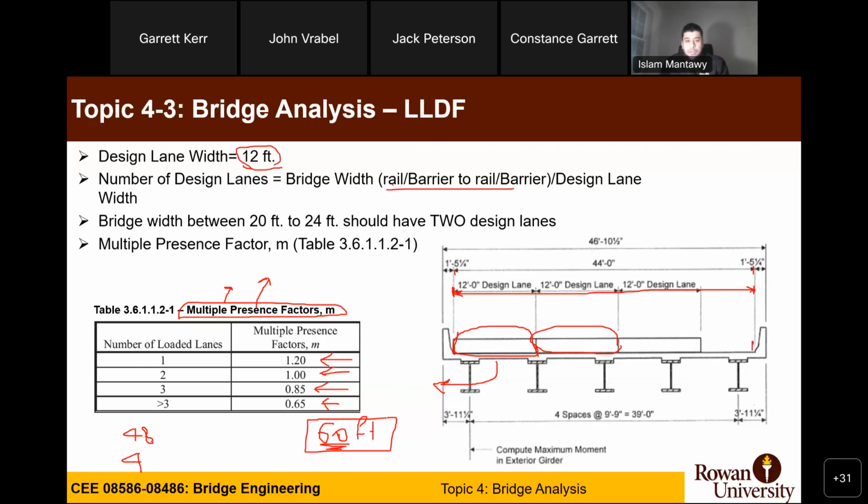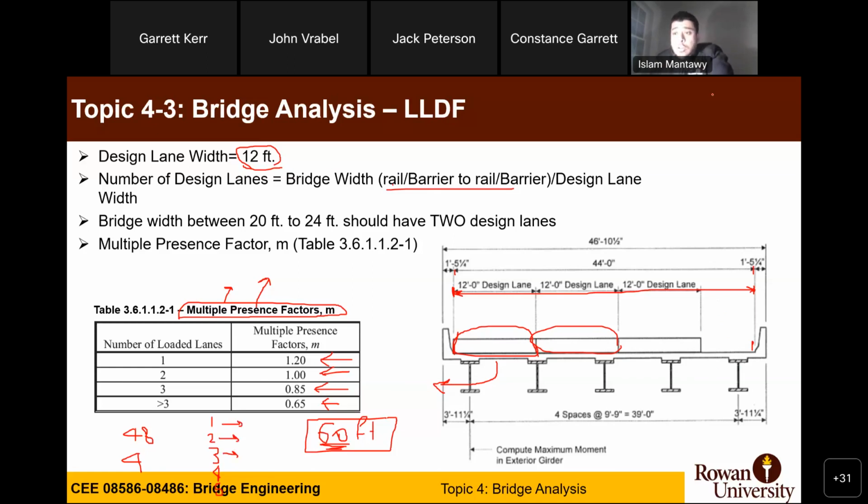And now, when you have 5, you have scenarios where you have 1 lane only, 2 lanes, 3, 4, and 5, correct?